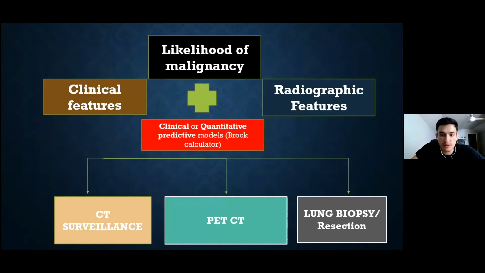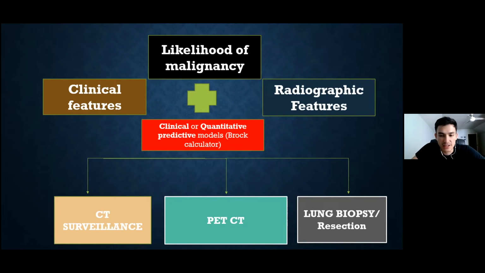So the likelihood of malignancy is determined by clinical features and radiographic features. And there are some quantitative predictive models, some calculators that can be used to put the patient in low, intermediate, or high risk for malignancy.